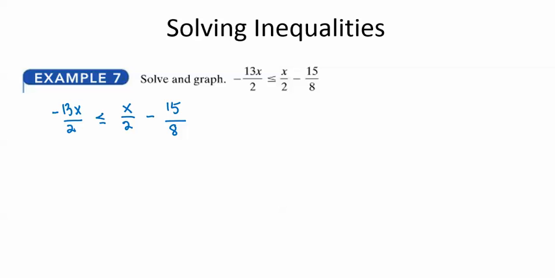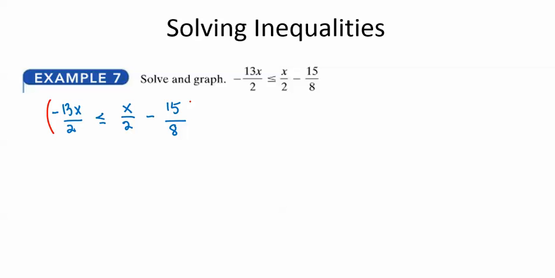And so it turns out that 8 is the smallest number that can be evenly divided by both 2 and 8. And if we use that number, we'll see how we can clear away all of the denominators or simplify the inequality down to using only whole numbers and whole number coefficients.